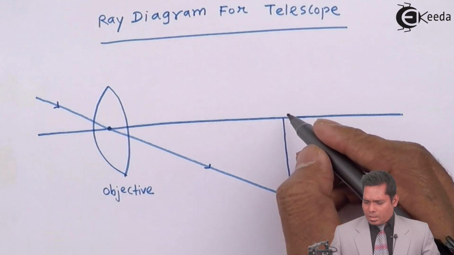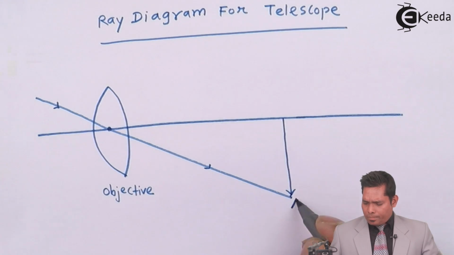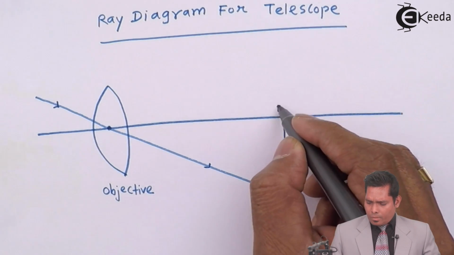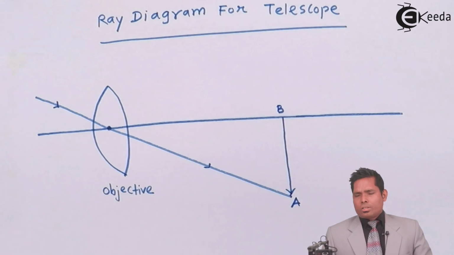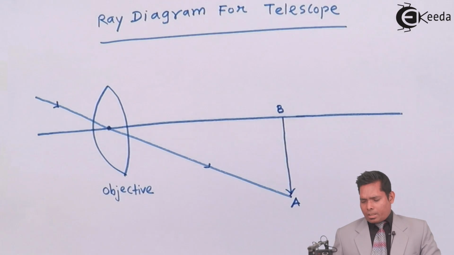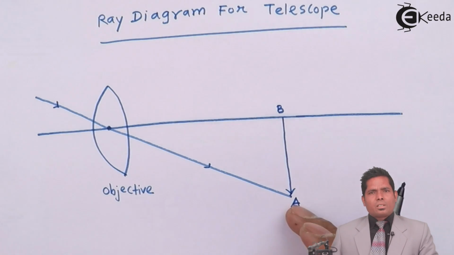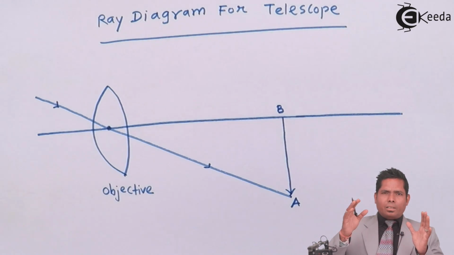I will call this as A and B. This is the image of the object, and this image is real and that is inverted.